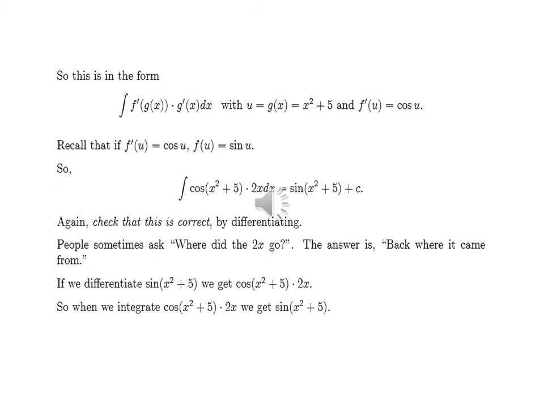Recall that if f dash of u equals cosine u then f(u) equals sine u, so the integral of cosine (x to the power 2 plus 5) multiplied by 2x dx equals sine (x to the power 2 plus 5) plus constant c.